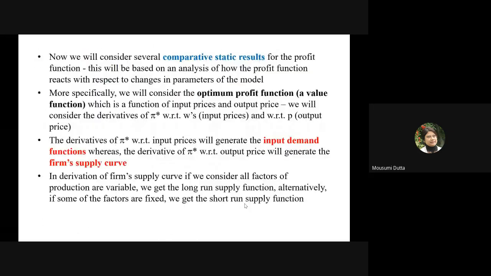We derived the input demand functions, we derived the supply of output, both the things, input demand function and supply function, everything we derived starting from a profit function. So up to this I could complete.